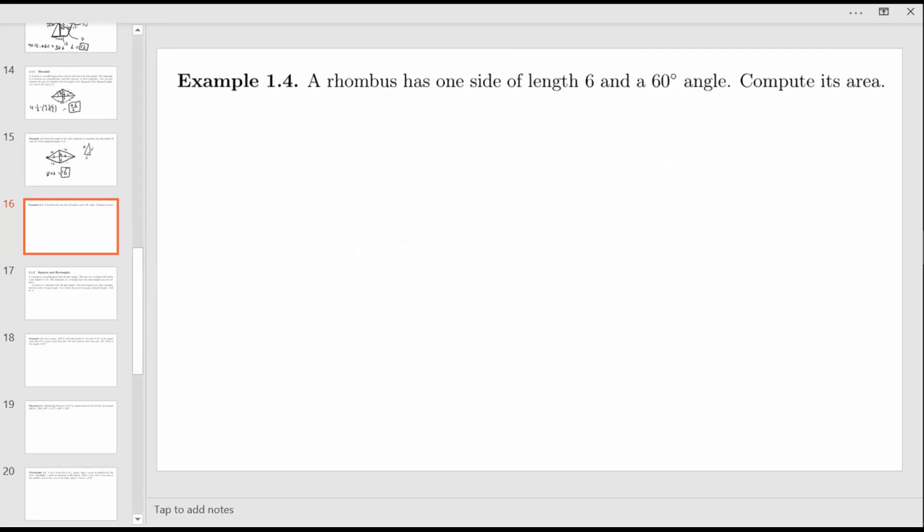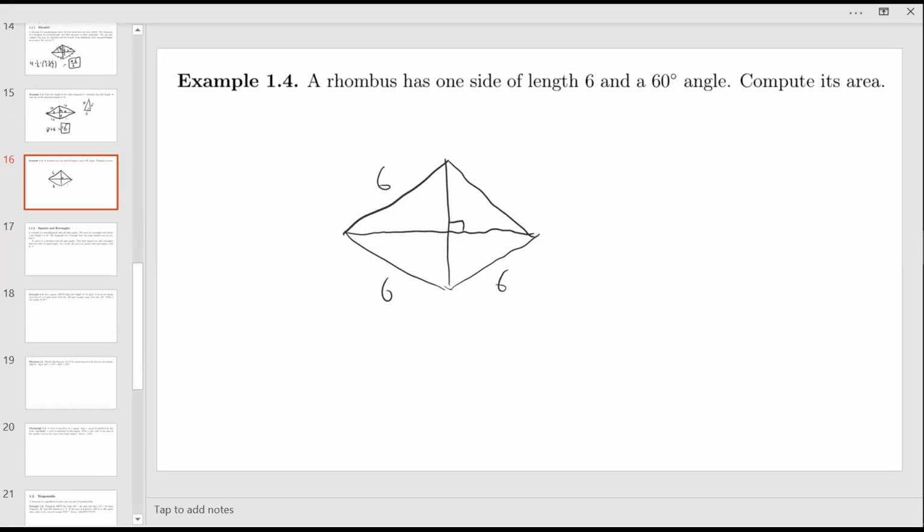The next example is asking us to find the area of a rhombus with side length 6 and one angle being 60 degrees. So it says the side lengths are 6 and there's a 60-degree angle.